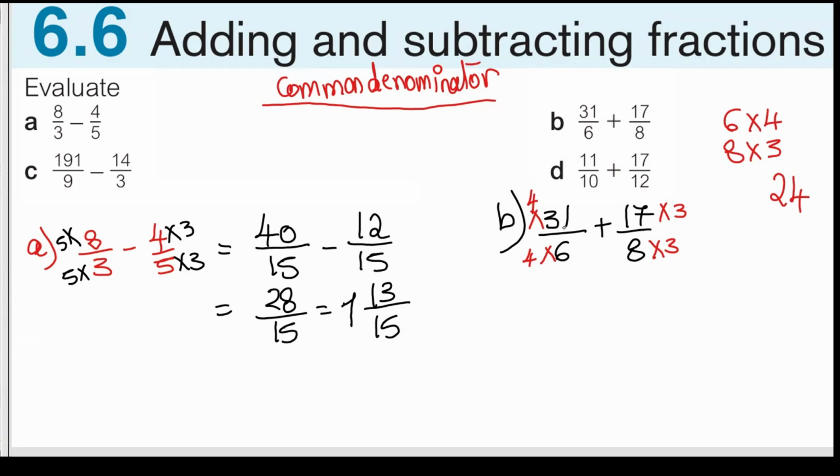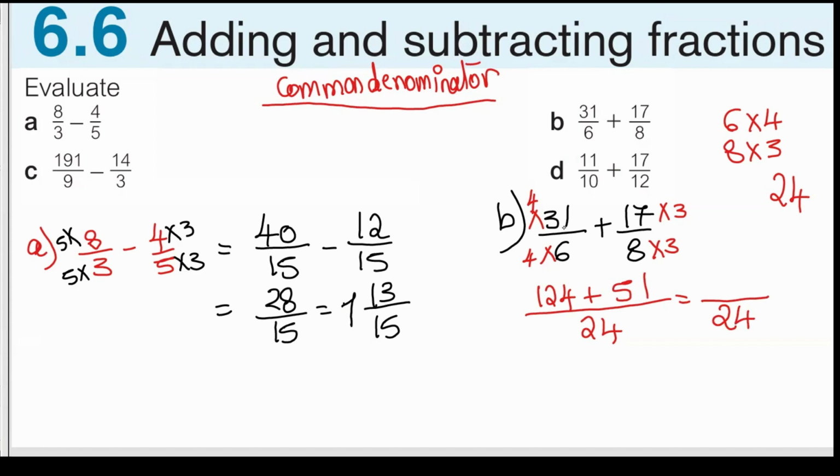So 31 times 4 will be 124 over 24, plus 17 times 3 will be 51, and then 24 stays the same. You do not add denominators.